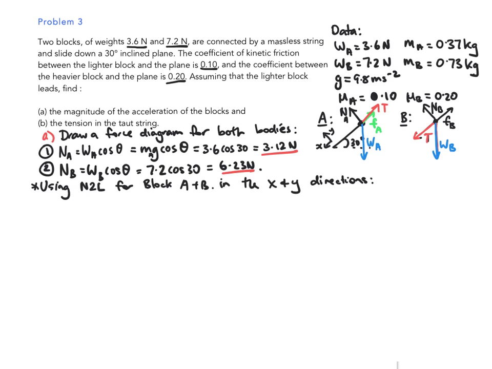We're going to get a couple of equations out of this. So let's look at block A. From block A we should get two equations, one from the X direction and one from the Y direction. But we only have a couple of unknowns, so we really only need to look at it in the X direction.